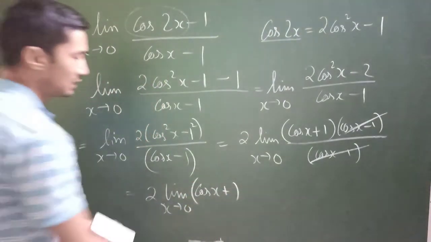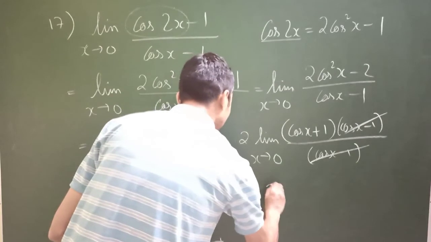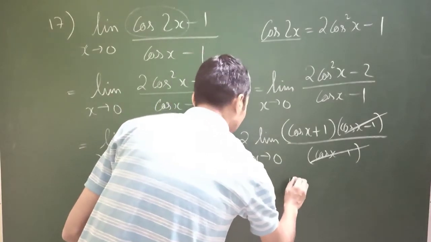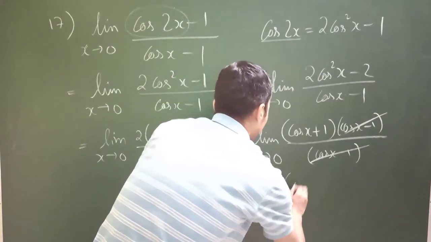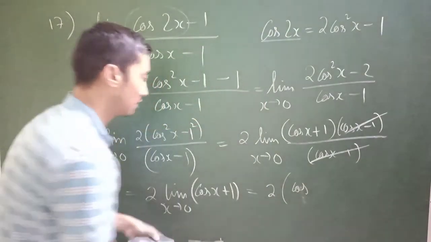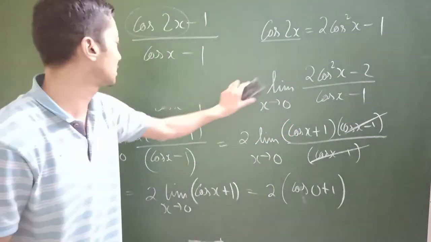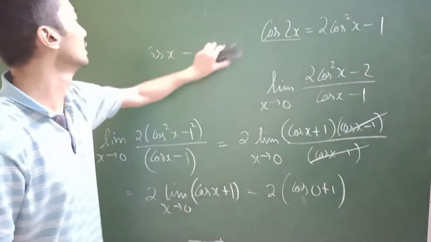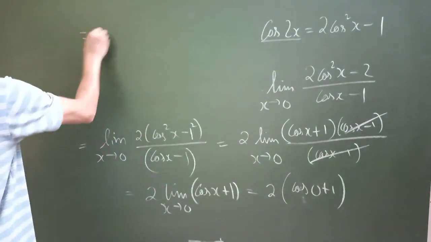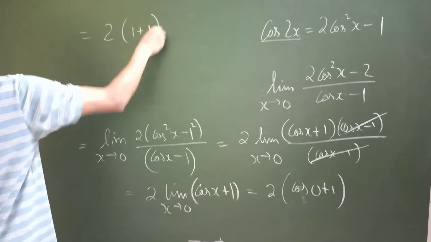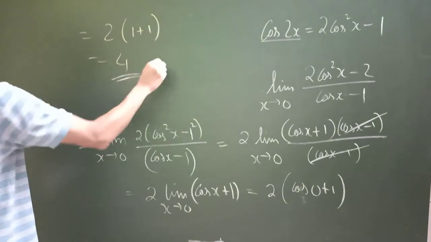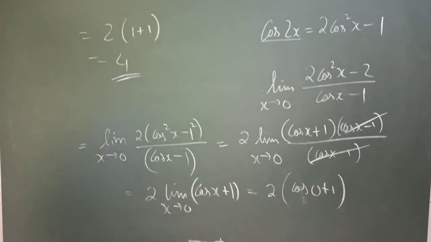Now I'm not getting 0 by 0, so I'll just substitute the value. cos x with x tends to 0, so cos 0 plus 1. What is the value of cos 0? The value of cos 0 is 1, isn't it? So that's like 2 into 1 plus 1. So that's going to be 2 into 2. Not a big problem. The value is going to be 4.